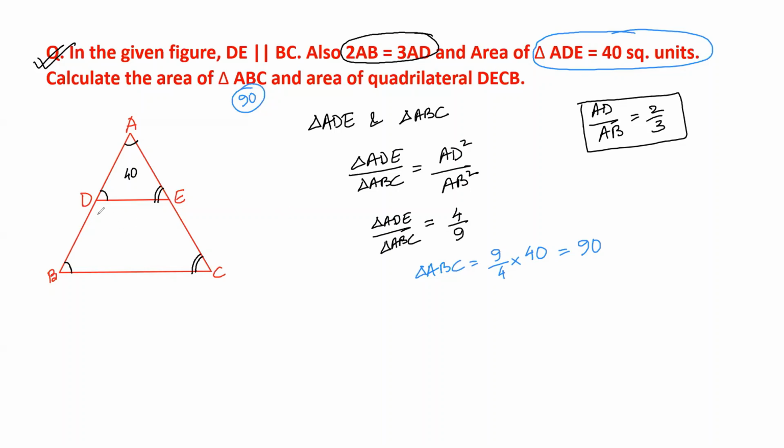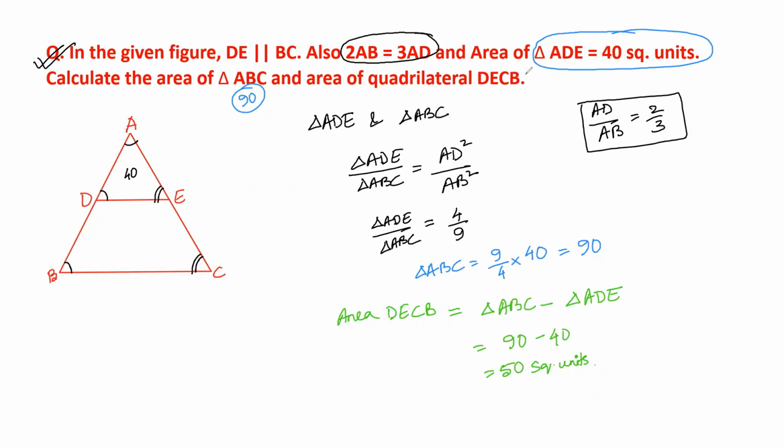Now we can find the area of the quadrilateral DECB simply by subtracting the area of triangle ADE from the area of triangle ABC. So the area of quadrilateral DECB can be simply written as the area of triangle ABC minus the area of triangle ADE, which would be 90 minus 40, that is 50 square units.